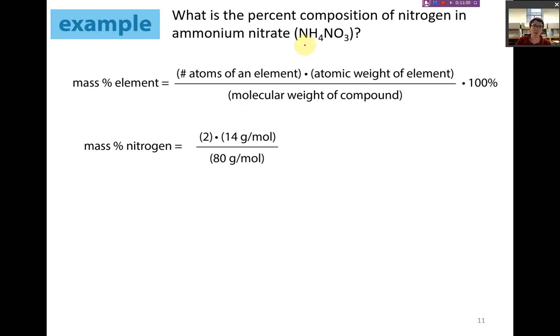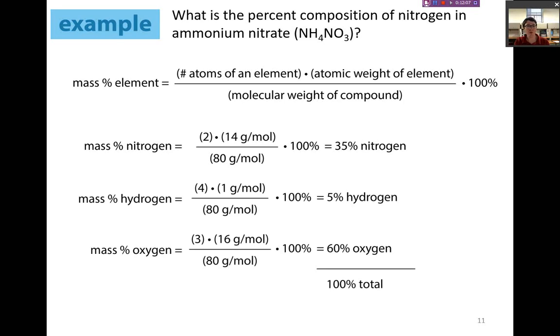And remember, the way you figure that out is by adding together the atomic weights of all of the elements together. You multiply by 100% and we see that we have 35% nitrogen. If we repeat this process for each of the other elements, we would get 5% of hydrogen and 60% of oxygen. And thankfully, our total adds up to be 100%.